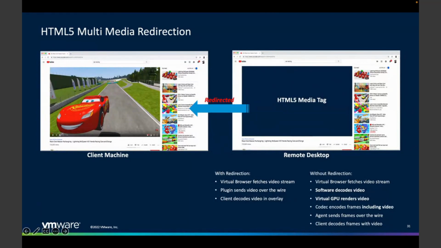The advantage of doing this is that you get a really fluent experience. If you think about what a display codec is doing, it's grabbing frames, encoding those frames and sending them over the wire. But for a video, especially one with fluid movement, it's never going to be at the exact same time every single time.